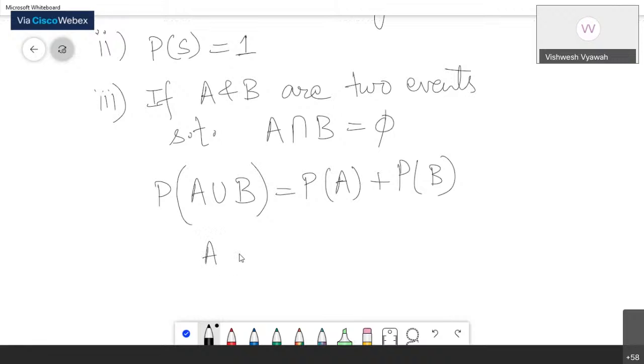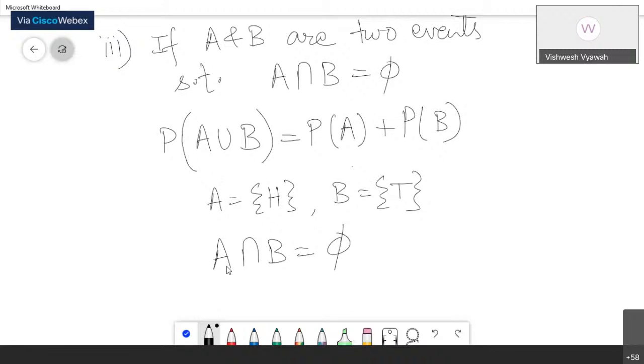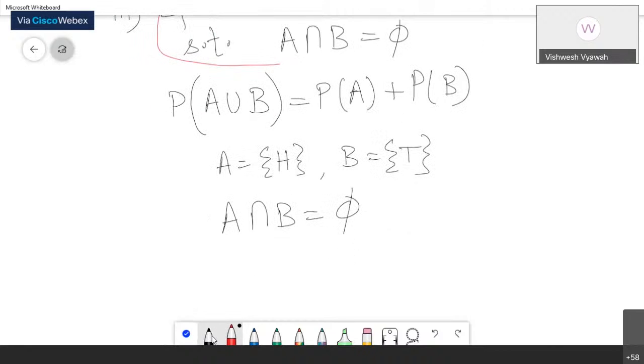Let's say my A is a singleton H. Let's say my B is a singleton T. Both are primary events. Now what is A intersection B? A has H, B has T. So there is no common element. It's a null set. Do you agree? Fine. Now what does this axiom say? It says that the probability of A union B, what is A union B?